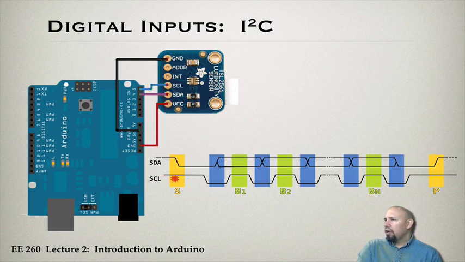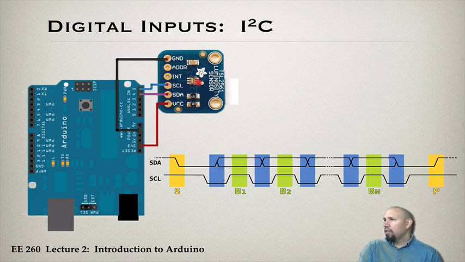Okay, and so the communication, the clock: data is only transmitted as the clock pulses. In this case, it transmits when the pulse is high. When the clock pulse is low, that's basically time for the device to set up for the next bit.